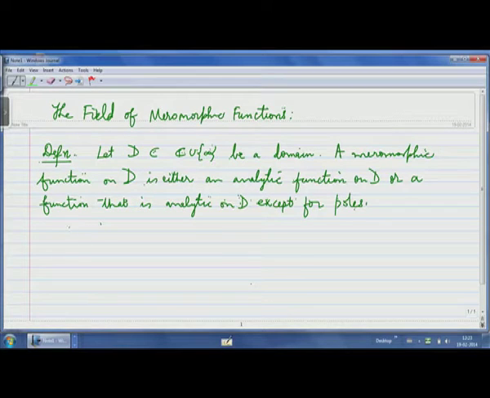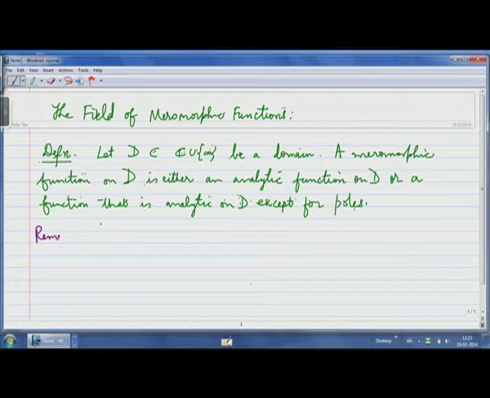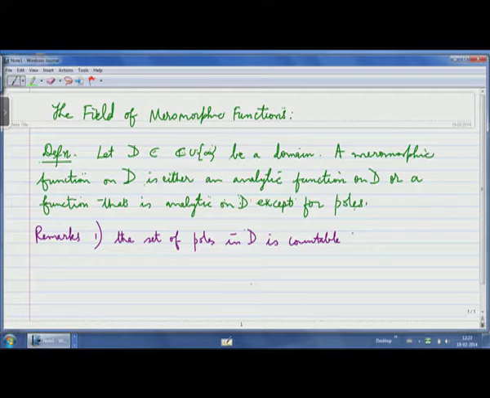So let me write that down. So here are remarks. Remark number 1, the set of poles in D is countable by second countability, okay.